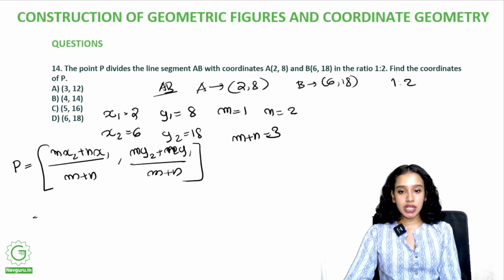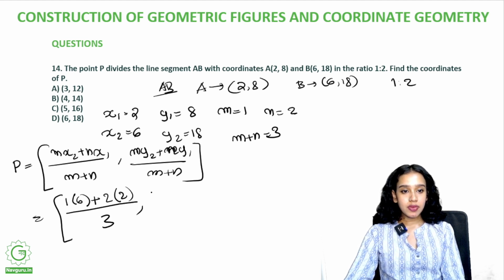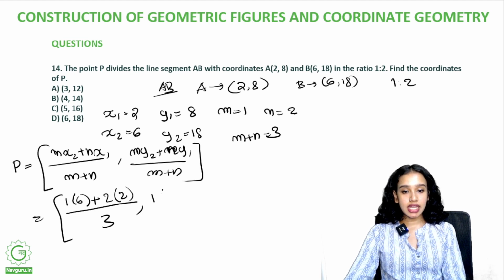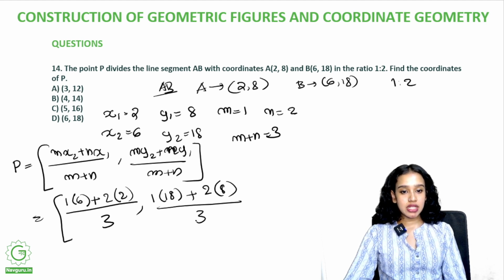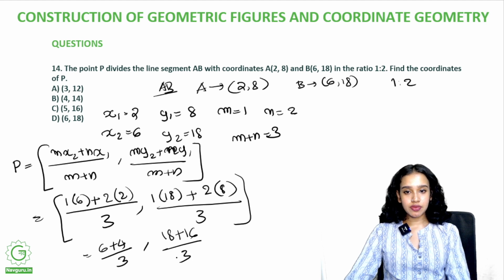So here we'll get P is equal to, what is m? M is 1 into x2, which is 6, plus n is 2, x1 is 2, divided by m plus n, which is 3. Now, m is 1, y2 is 18 and n is 2, y1 is 8, divided by m plus n, which is 3. So we have 6 plus 2 into 2, which is 4, so (6 plus 4) by 3, and we have (18 plus 16) by 3, right?